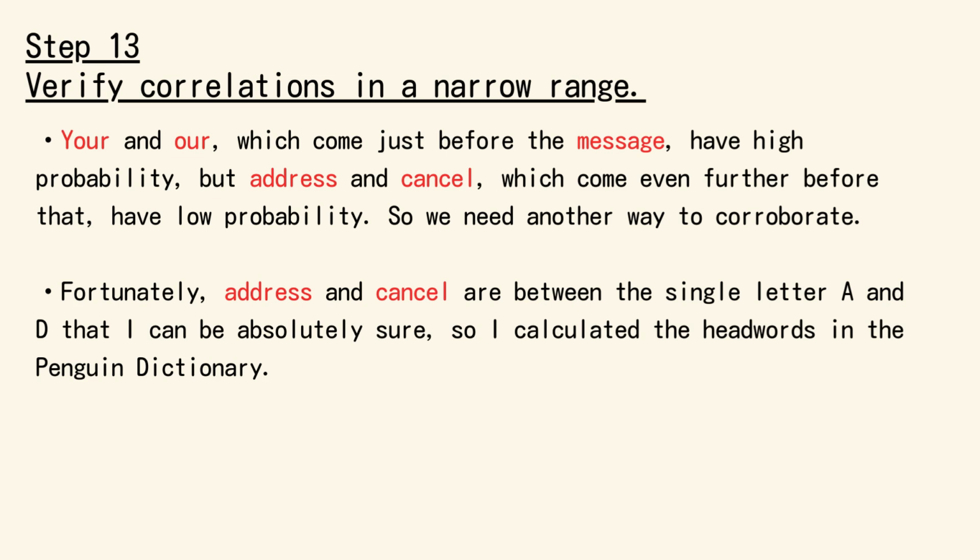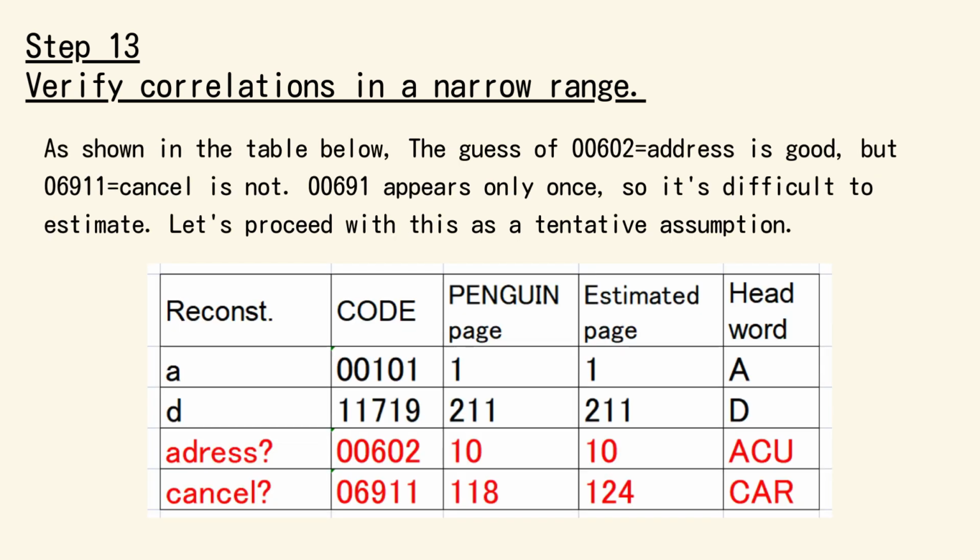Fortunately, accept and cancel are between the single letter A and D that I can be absolutely sure, so I calculated the headwords in the Penguin dictionary. As shown in the table below, the guess of 00602 equals address is good, but 06911 equals cancel is not. 00691 appears only once, so it's difficult to estimate. Let's proceed with this as a tentative assumption.